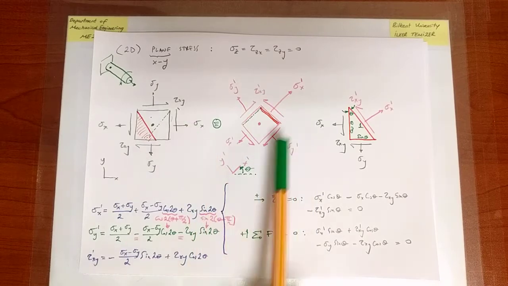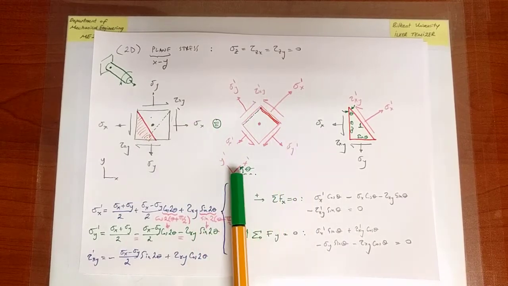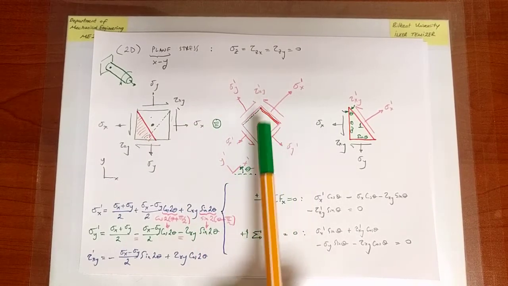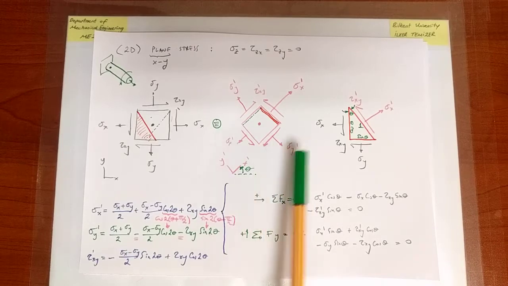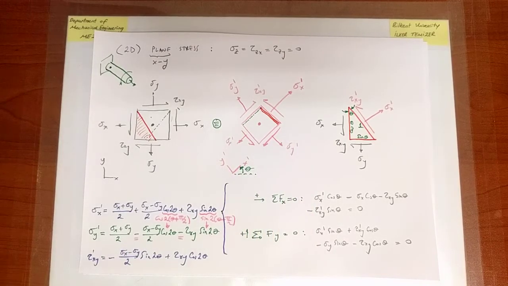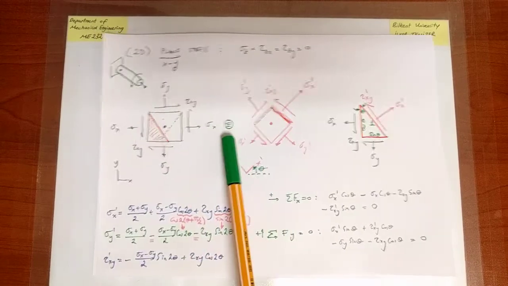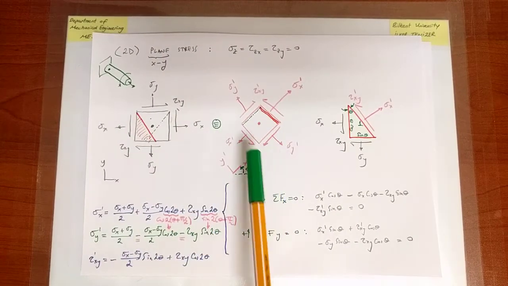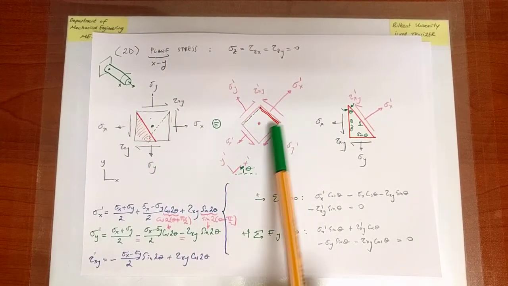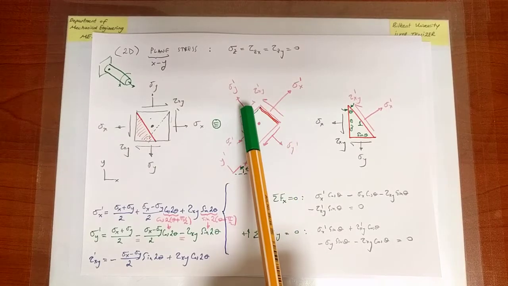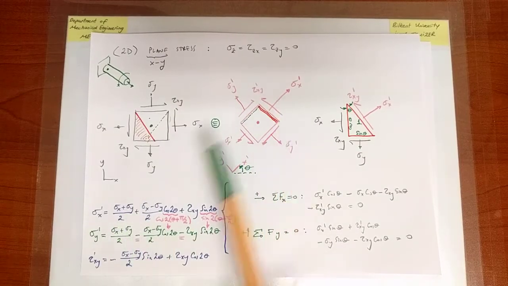So I have to again search all possible orientations of these surfaces and find the largest normal stress among those, and compare it against the critical value the material can sustain. That's why we're doing this exercise, obviously not for fun, because ultimately failure is going to occur on some surface that I can identify through this analysis.